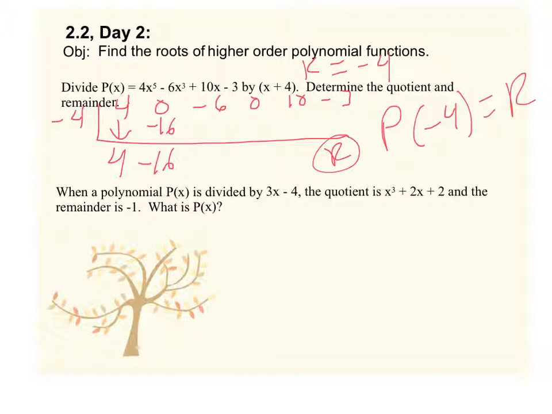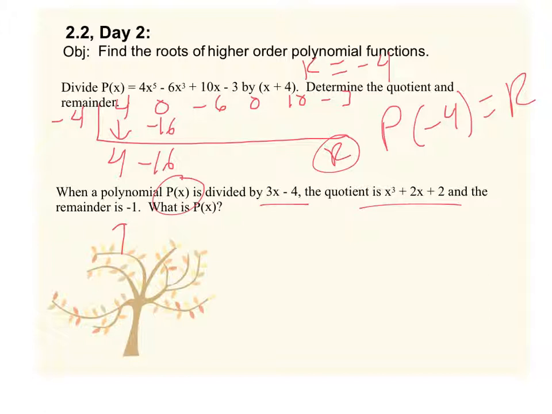Okay, now if we worked backwards, we haven't done this yet, but I just want to show you that it wouldn't be the end of the world if we had a polynomial and we had the divisor and then we're given the quotient with the remainder of negative 1. It would not be the end of the world if we had to solve this.